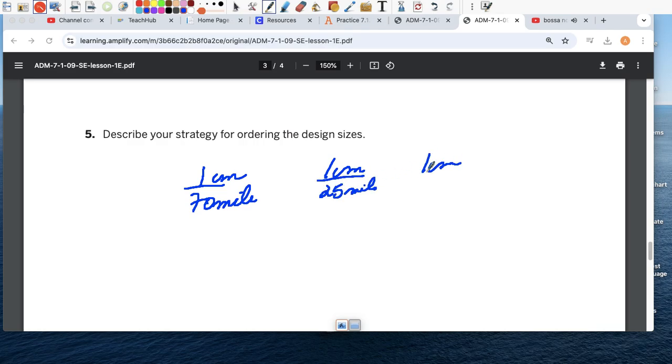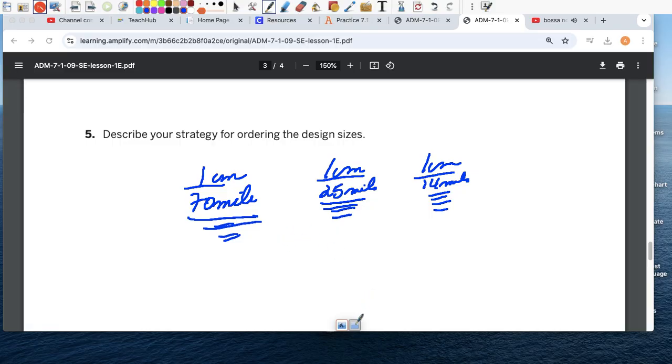And 1 centimeter to 40 miles. Because everything was in the unit rate, where everything was compared to 1 unit, you were easily able to compare the number of miles that fit in each centimeter. And the more miles you fit in each centimeter, the smaller the design will be.